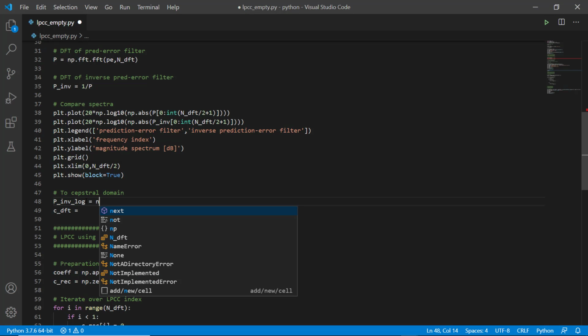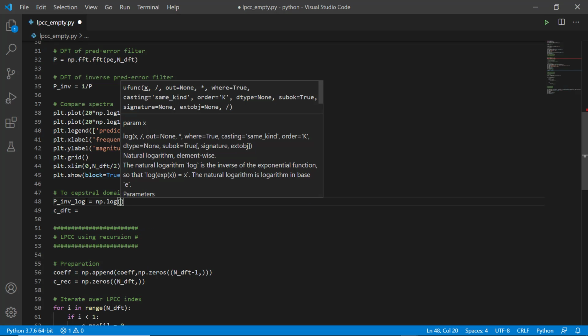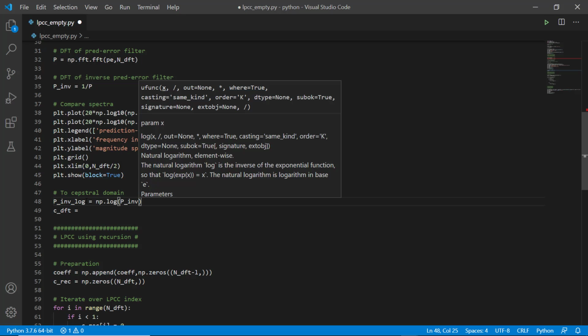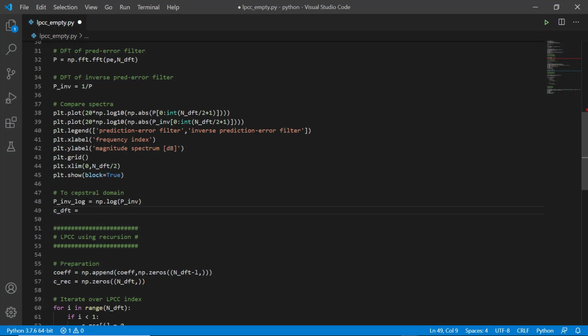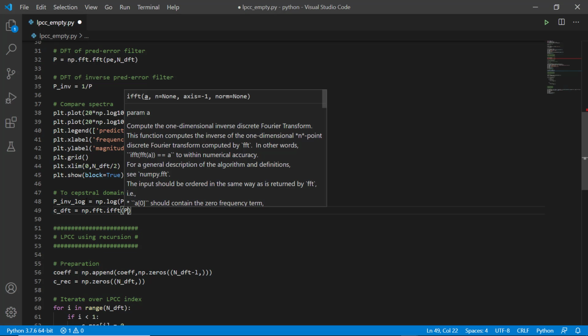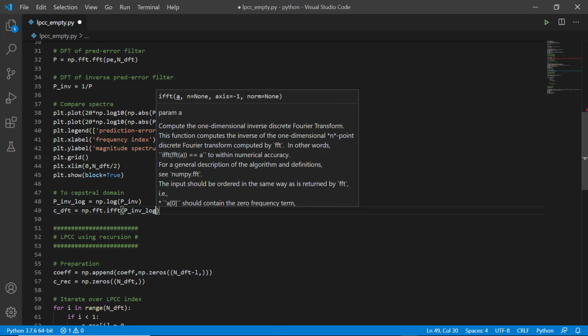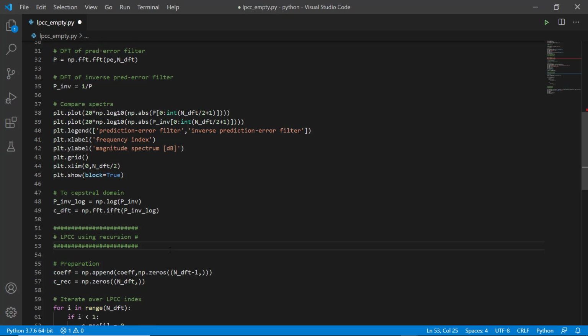So it's NumPy's logarithm of P_inv. And then of that, we have to take the inverse DFT, the inverse fast Fourier transform. And that's then already it for the straightforward method.